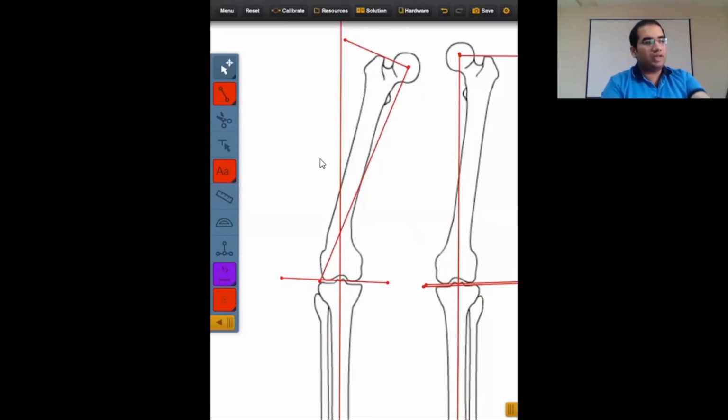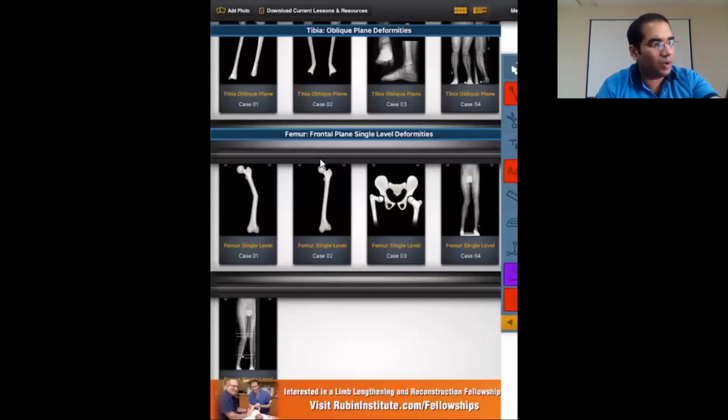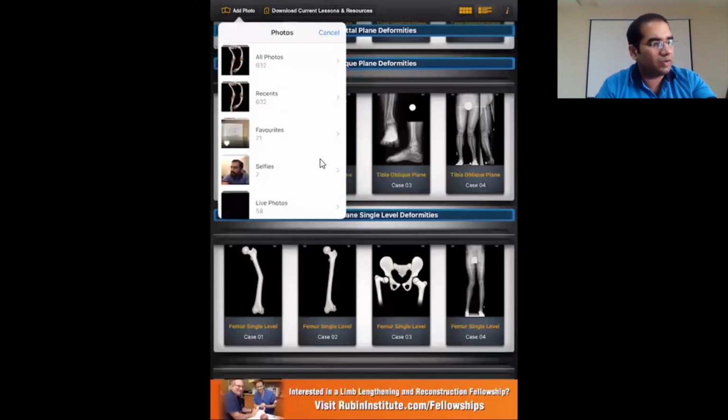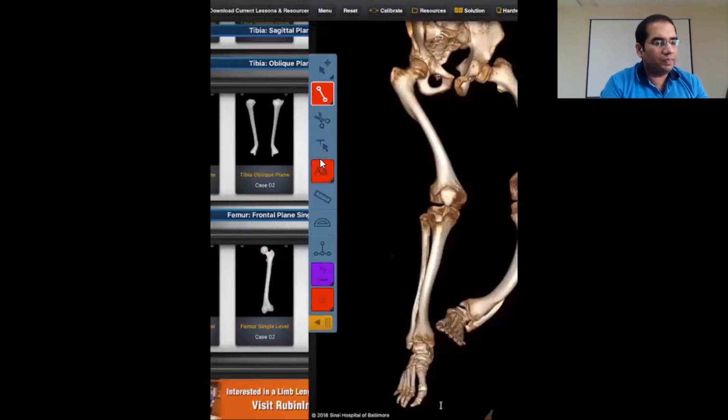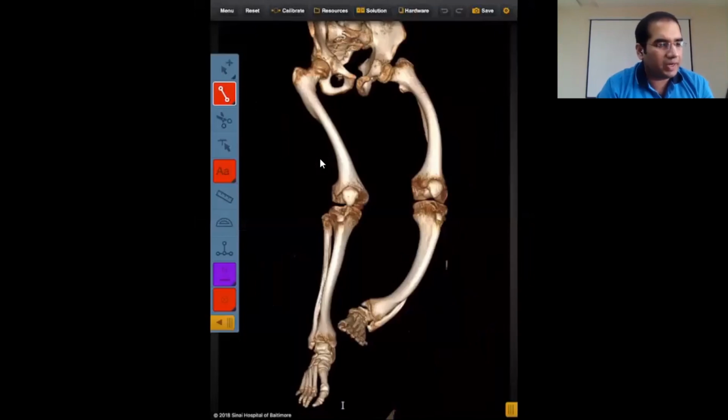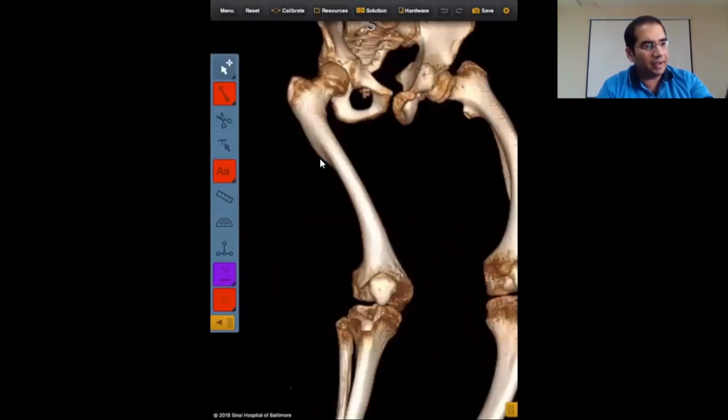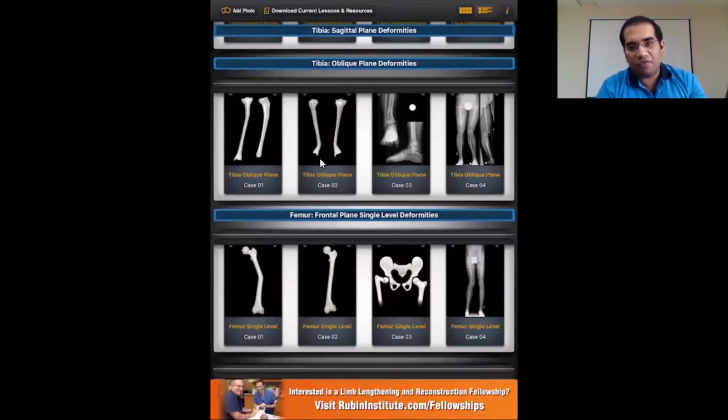Now, what is the problem which stops us from calculating a deformity like this? In many cases, when we are doing planning, the upper part of the femur is not normal. In most cases of genu valgum or genu varum, the neck shaft angle is not normal.